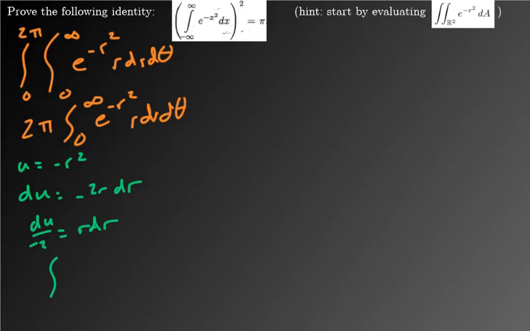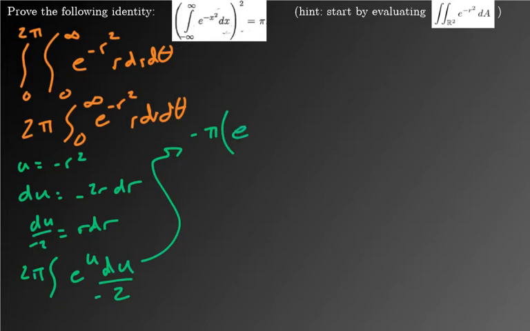So I'll have this 2 pi out in front times the integral of e to the u, and then du over negative 2. So we would get basically negative pi times the integral of e to the u, which is just e to the u, right?